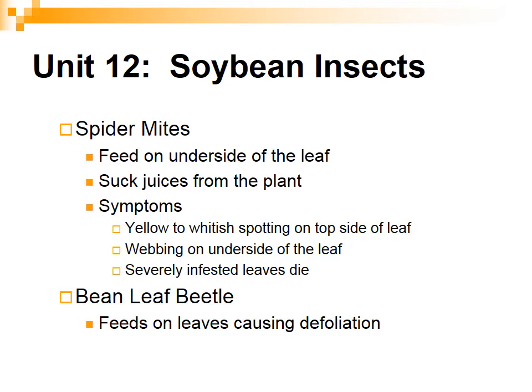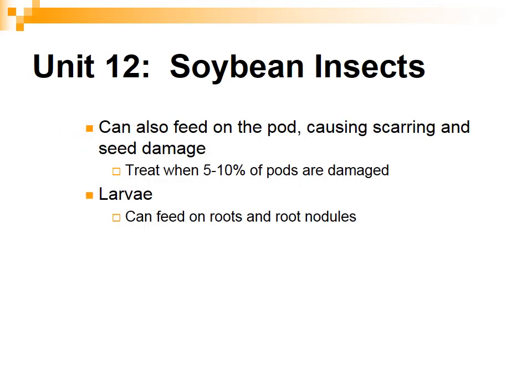Next is the bean leaf beetle that feeds again on the leaves, causing some defoliation. As we transition to the next slide, you'll also see these feed on the pod, and so you'll see scarring and seed damage. Here's one that has a pretty low economic threshold, and generally I would suggest that these are bigger problem causers during pod fill time than during the vegetative or flowering stage.